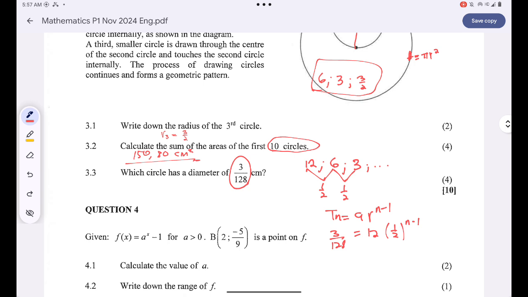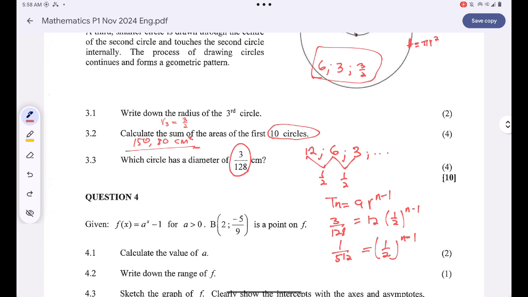All I need to do is to simply isolate the base that has the exponent. So the first thing I'll do over here, guys, is to divide both sides by 12. So I'll simply say 3 over 128 divided by 12. This will just give me 1 over 512 is equal to 1 over 2 to the power n minus 1.